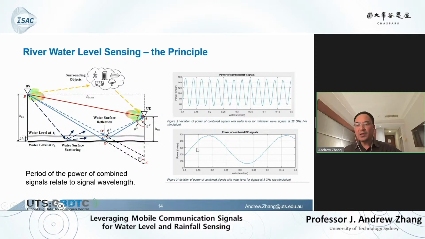This may not be a severe problem when the carrier frequency is low. For example, in this scenario with the 3 gigahertz carrier frequency, we only have slightly more than one period as shown here, right? But when the carrier frequency increases, or the variation range of the water level becomes large, we will always face the problem of how to determine which cycle the current estimate is in.